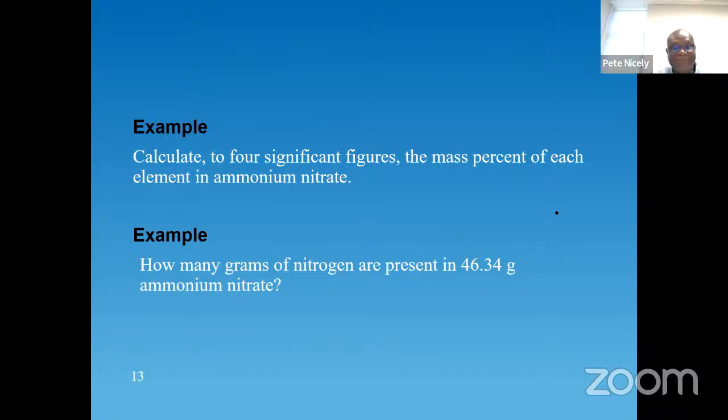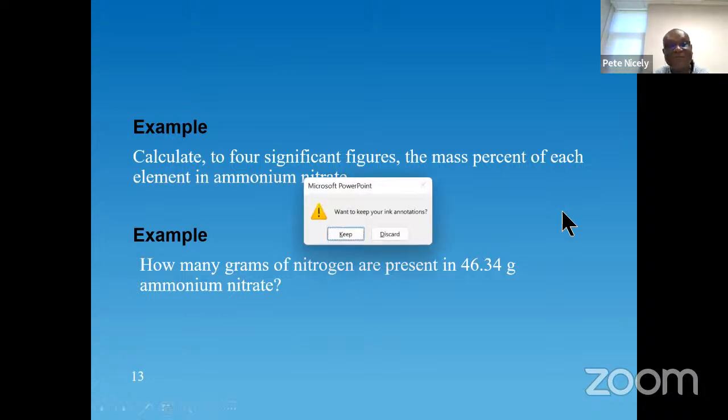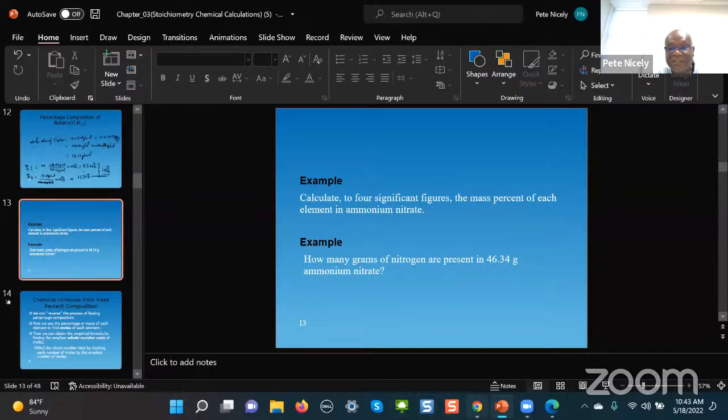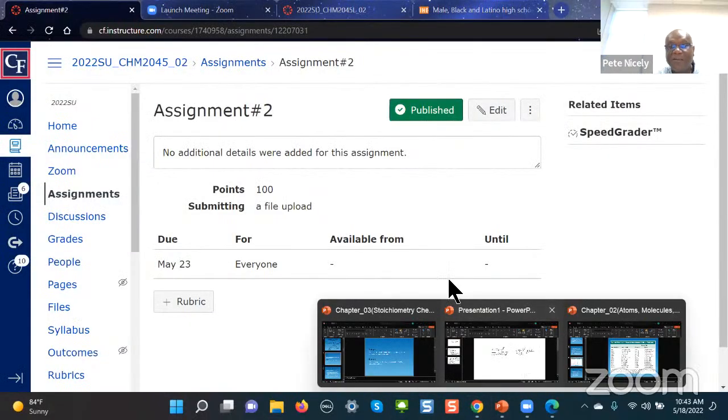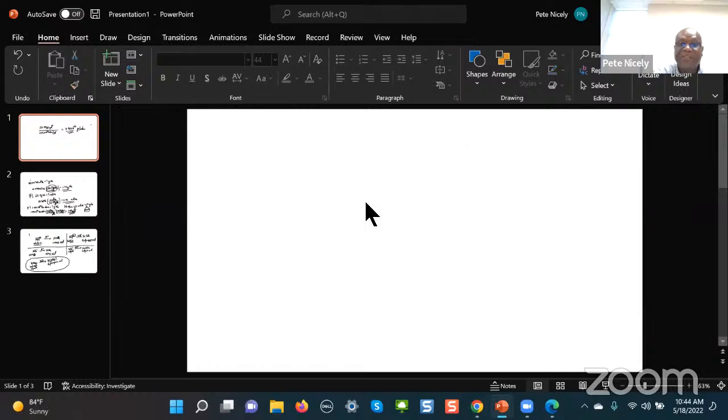In fact, let me get out of this and get a blank. NH4NO3. All right, very good.